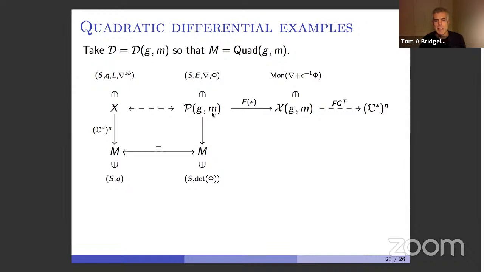And then we can consider the monodromy of this family of connections, nabla plus epsilon inverse phi. And then a further step. So this monodromy map lands in the character variety. It's not quite the standard character variety because of these poles. And in fact, this is the variety that Fock and Goncharov defined their coordinate systems on, their birational coordinate systems.